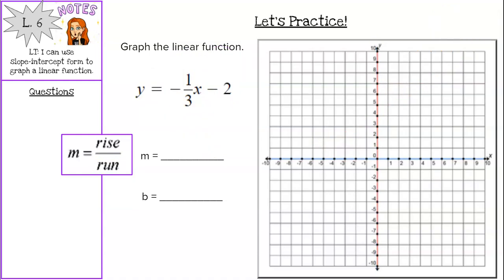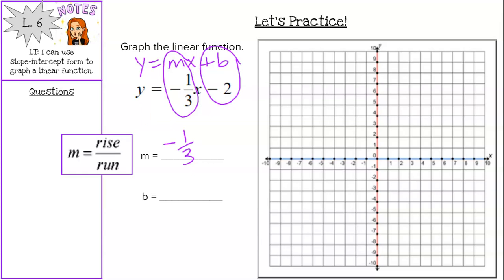Let's try another example here. We want to graph the linear function y equals negative 1/3 x minus 2. So again, we want to start with writing that basic form, y equals mx plus b, right above our equation. And then we want to identify our m, which is negative 1/3, and our b.